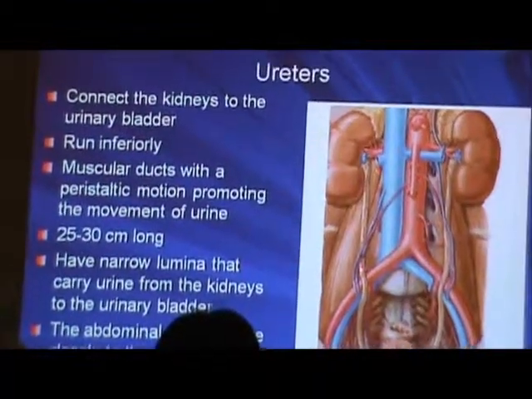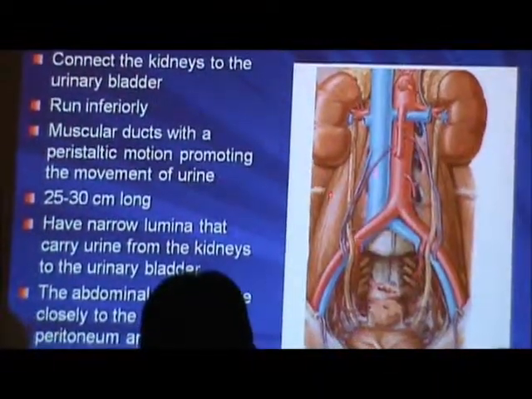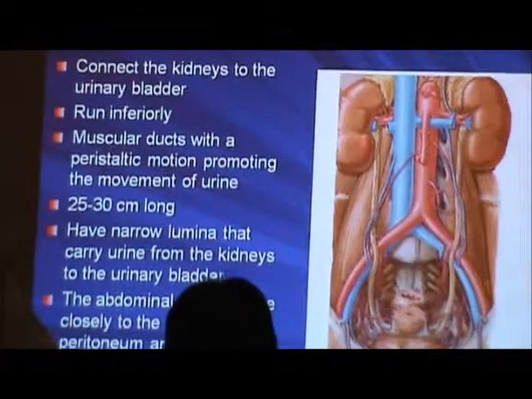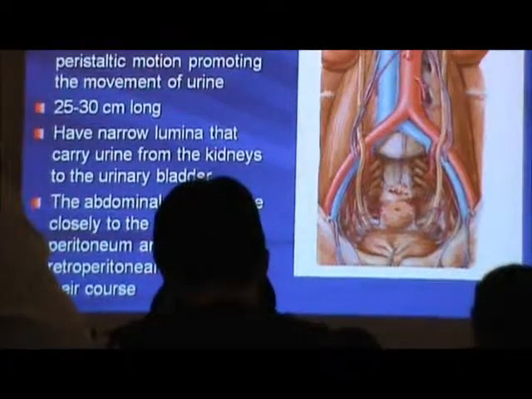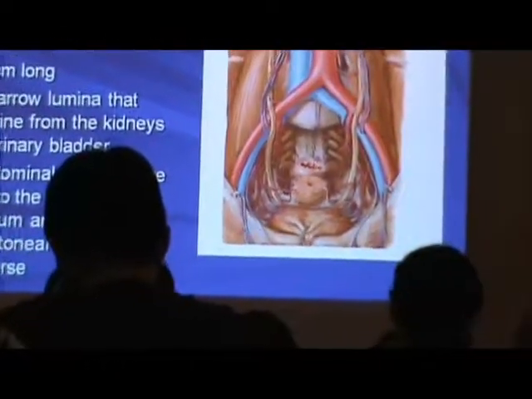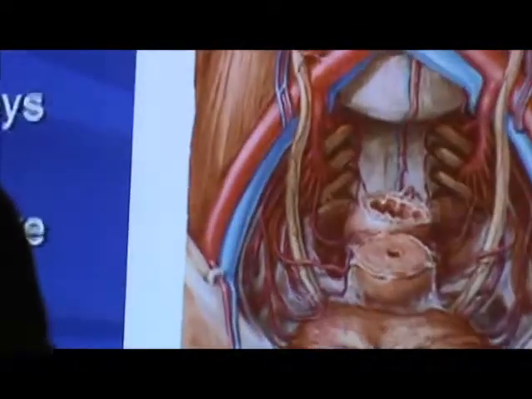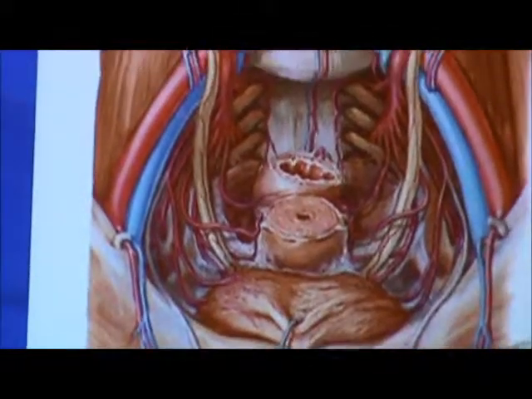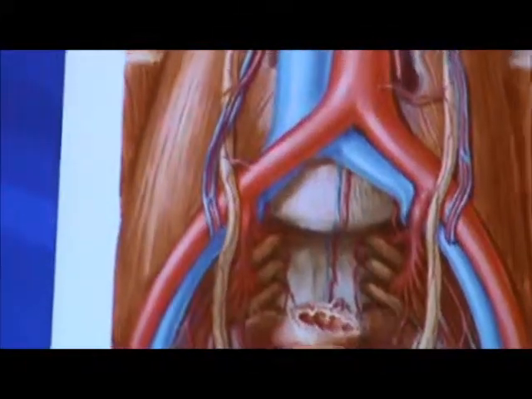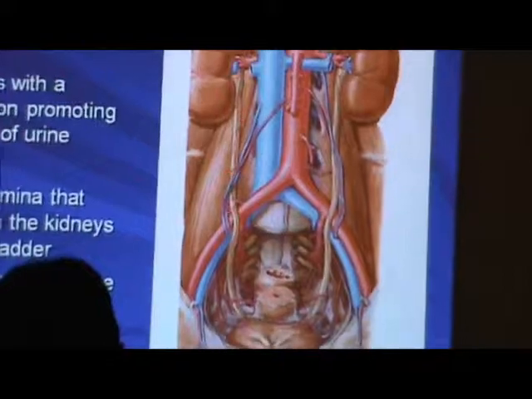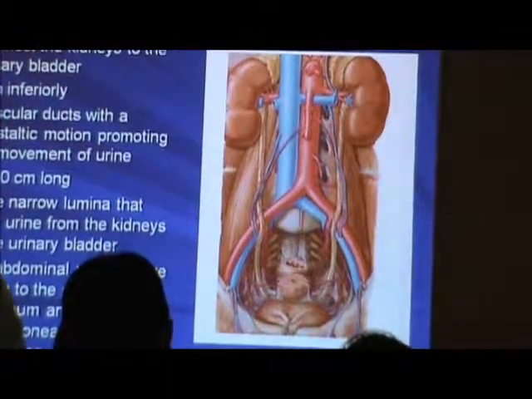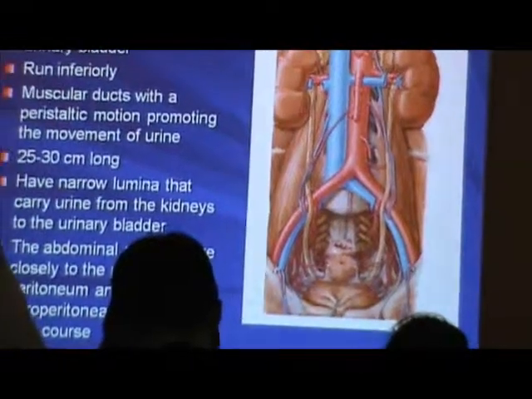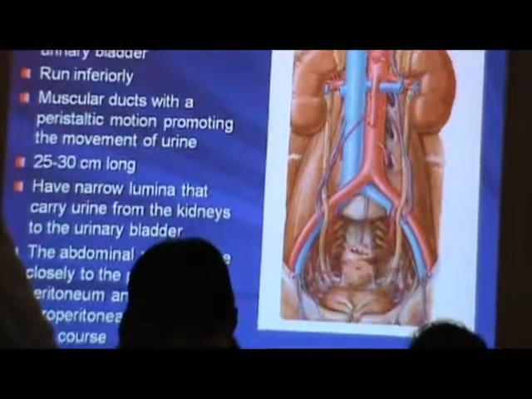So remember, we have two parts of the ureters: the abdominal part of the ureter and the pelvic part of the ureter. The pelvic part enters the pelvic cavity. The abdominal parts of the ureters adhere closely to the parietal peritoneum and are retroperitoneal, so they are primary retroperitoneal organs throughout their course.